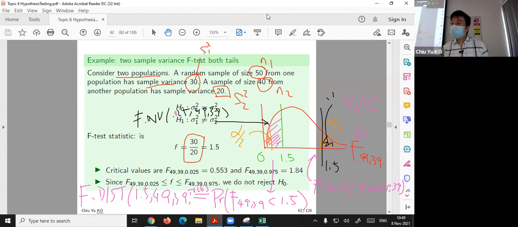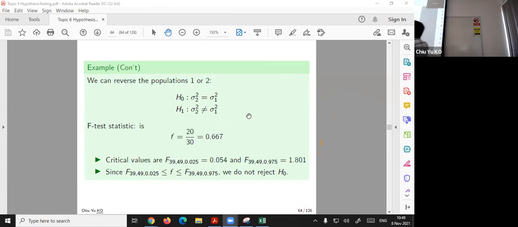So is that okay? The last set of slides is just saying that there's nothing special about 1 or 2, right? You can replace 2 and 1, and you reverse the order, everything is the same, because the graph is just reversed, so you should get the same result. Okay.